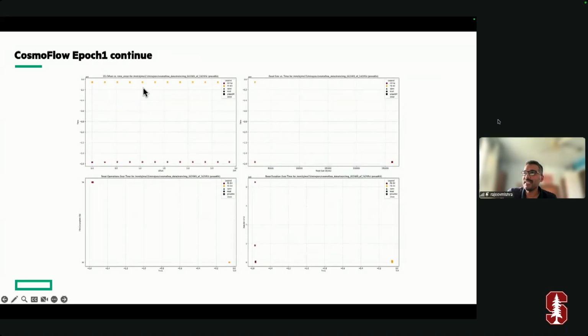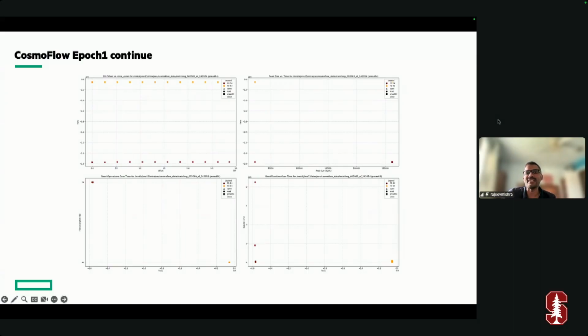We can see in the other epochs also that the pattern is the same. It's not that IO intensive, and it's lesser than ResNet also. The reason is the file size here was only 2.5 MB to 3 MB. So in CosmoFlow, the file size is even lesser than Unit 3D and ResNet.